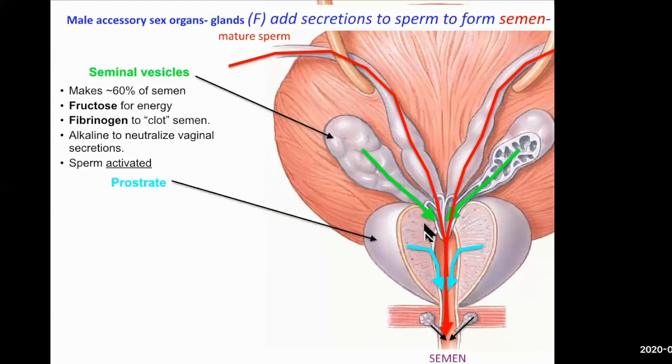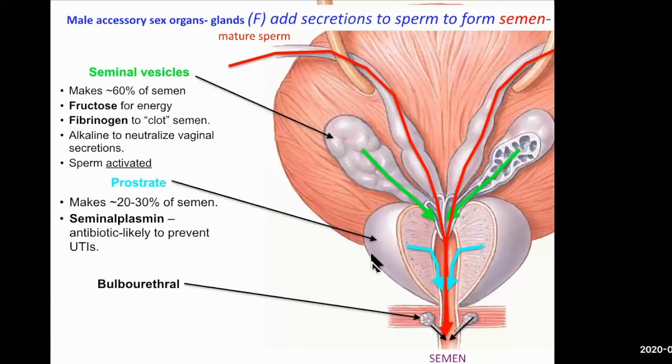The next region it's going to go through is the prostate. In this case, the important thing to remember here is it makes seminal plasma, or you could remember it as just an antibiotic. It's going to produce an antibiotic right there. This is one of the nice things guys do, it helps prevent urinary tract infections in females.